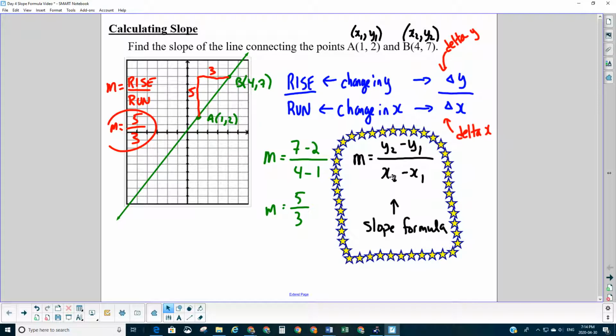Then you'll be using it in grade 10, 11, 12. My grade 12 students still use the slope formula when they're doing calculus. That's how important this is. Because it's so important, I'm going to really impress on you how important it is for you to practice and get used to this slope formula. So let's do a couple examples.